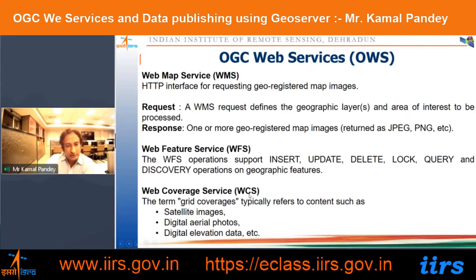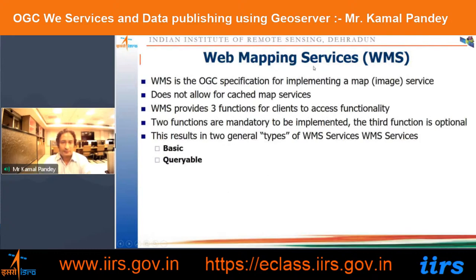This web service is for the coverages. What do we mean by coverages? Coverages can be a satellite image, a classified map, a digital aerial photo, digital elevation data, thematic maps, a land use map, a soil map or a geomorphology map, any kind of map along with their attributes. They can also be accessed using the WCS web services.